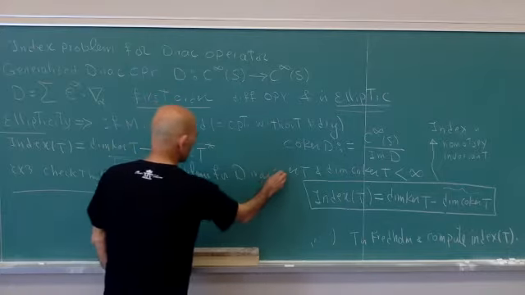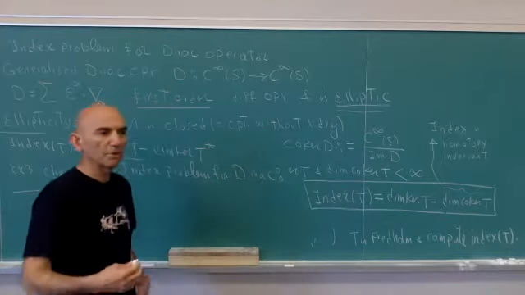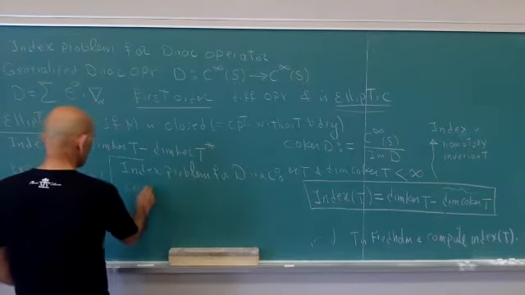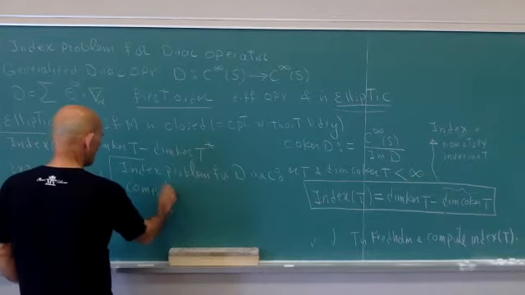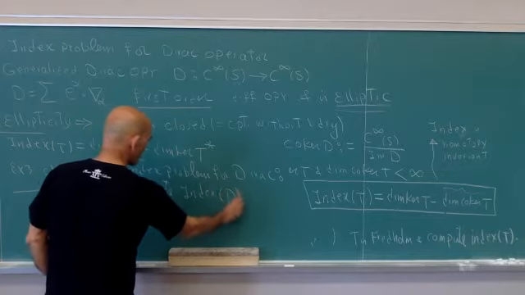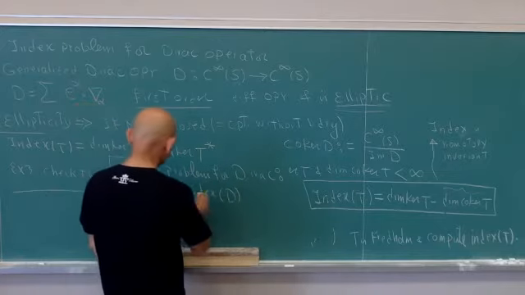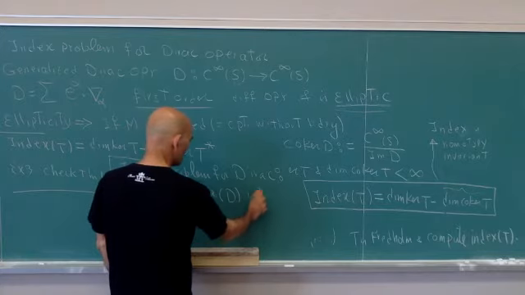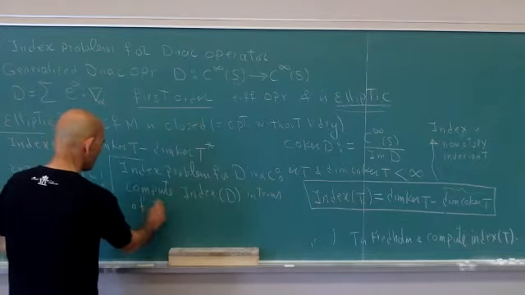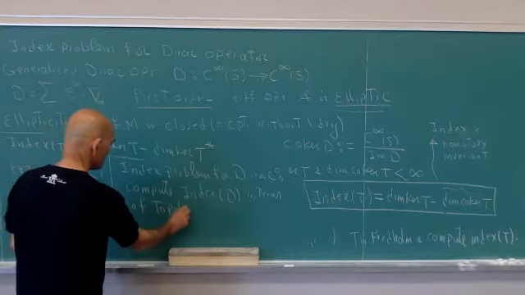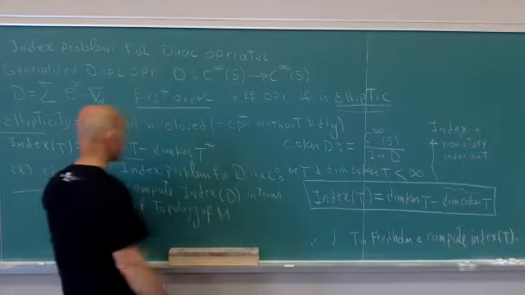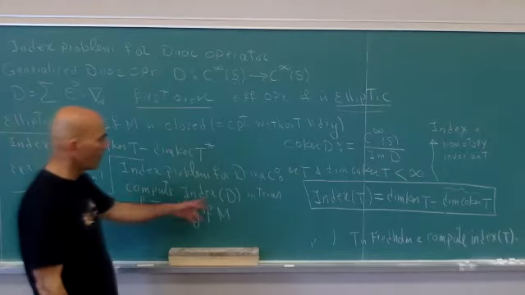So the question is, compute this index in terms of some topological data. Compute the index of D in terms of the topology of M. I mean, it's a topological invariant.